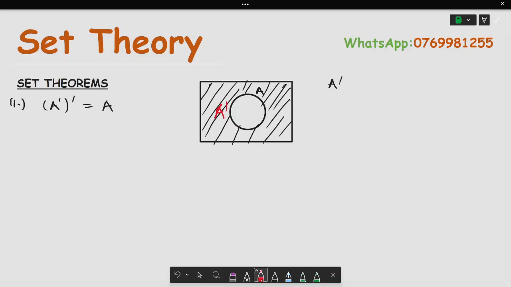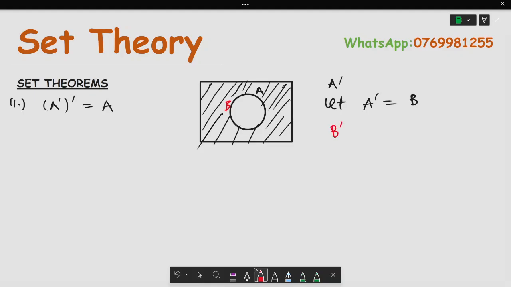So if we call this, we say let A complement be equal to B. We don't call this A complement anymore, we call it B. Then what would be the complement of B in this case?